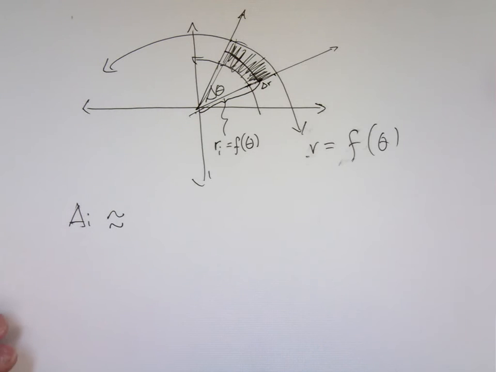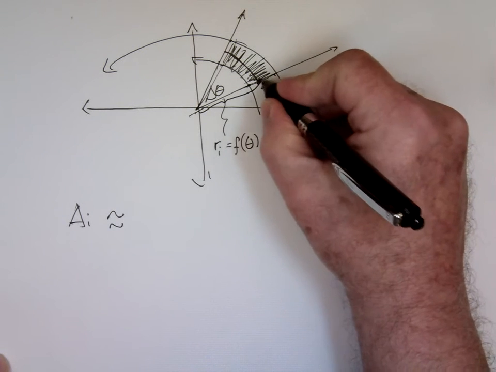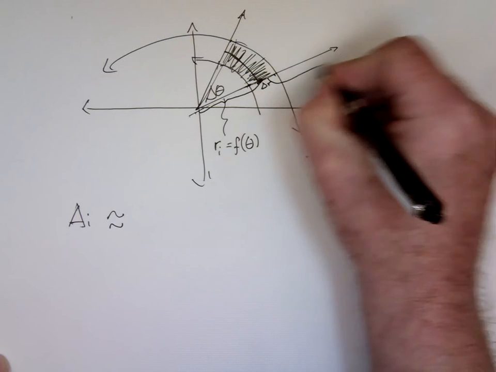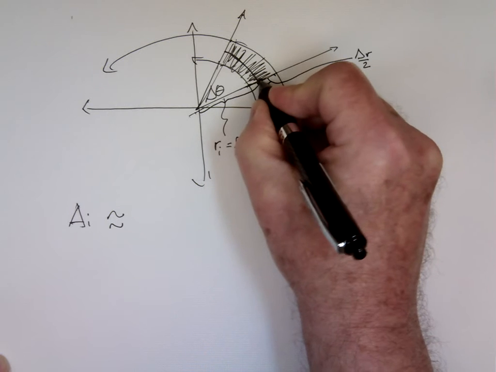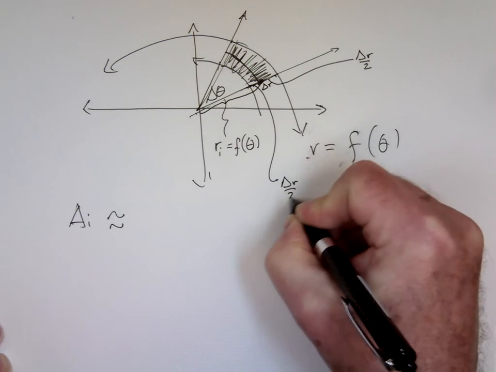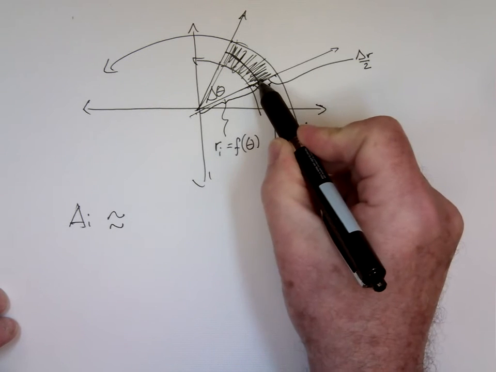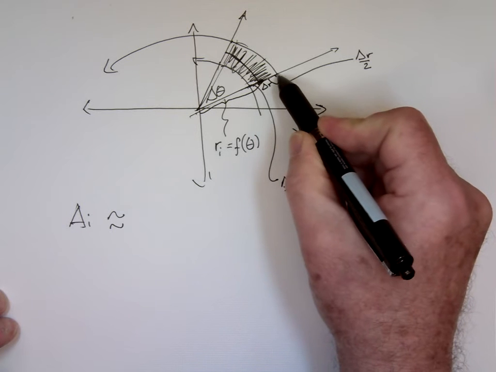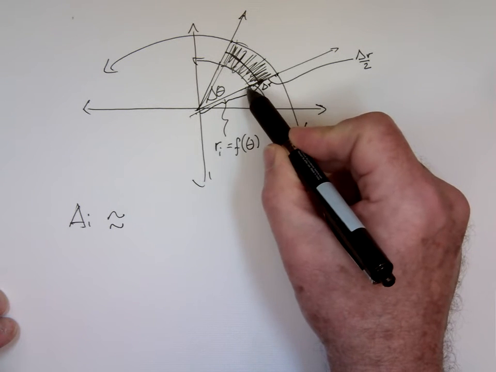Are you with me? This little piece right here is delta r over 2. This little piece here is also delta r over 2. So what I'm doing is taking r to the midpoint. The rest of the way would be a delta r over 2. Going back the other way is delta r over 2 as well.